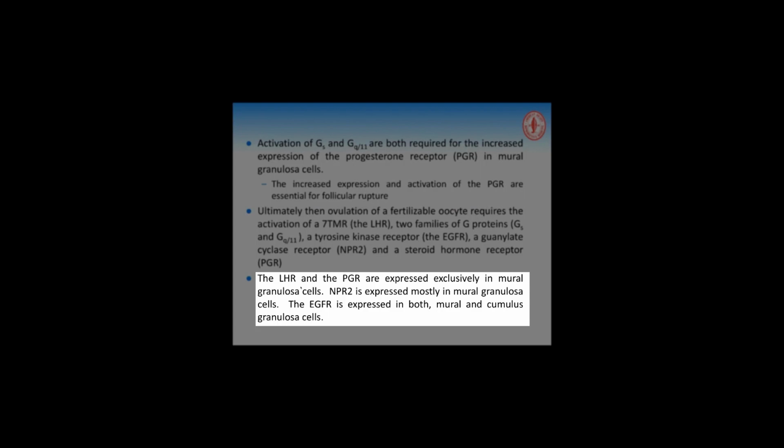And the LH receptor and the progesterone receptor are expressed exclusively in mural granulosa cells. NPR2 is expressed mostly in the mural granulosa cells, a little bit in the cumulus cells. And the EGF receptor is expressed in both mural and cumulus granulosa cells.